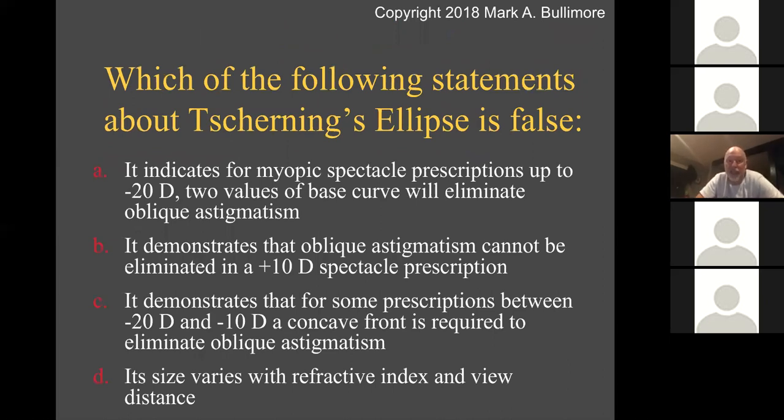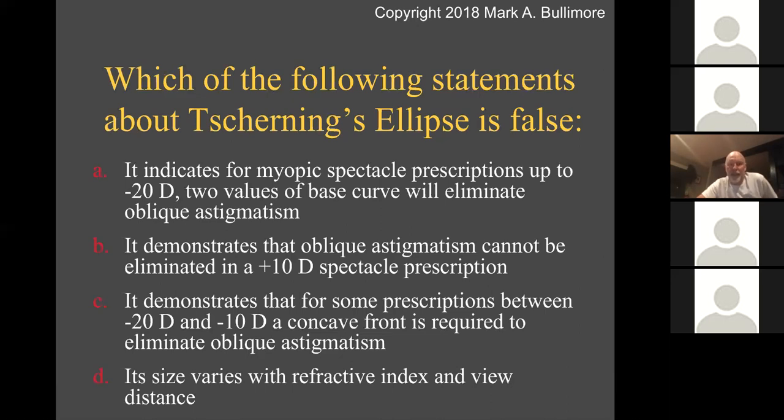All right, Tscherning's ellipses. Okay, very wordy questions here. What do we need to know about Tscherning's ellipse? Which of these is false? It indicates that for myopic spectacle prescriptions up to -20, two values of base curves will eliminate oblique astigmatism. Well, it's an ellipse. It has two solutions, so that could be right.